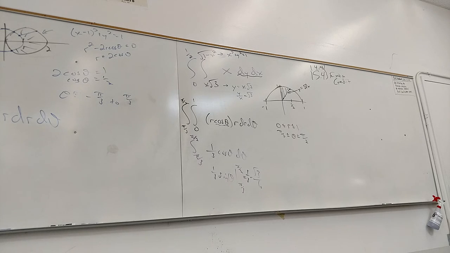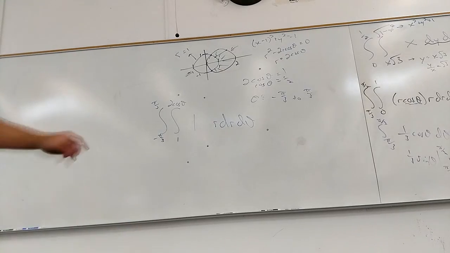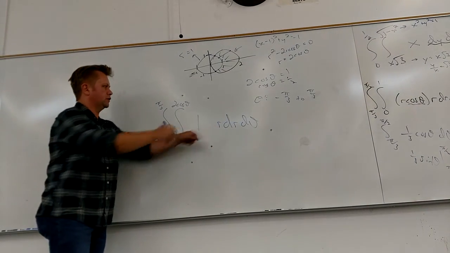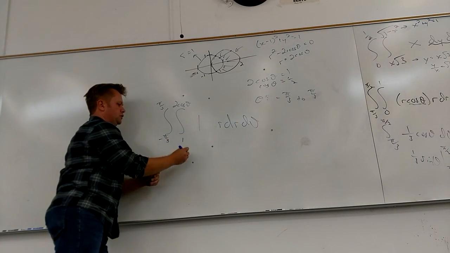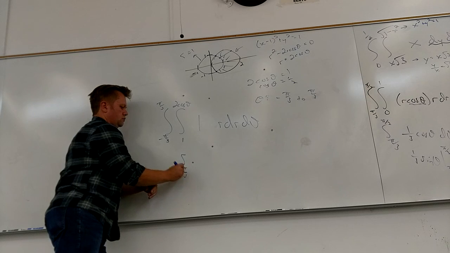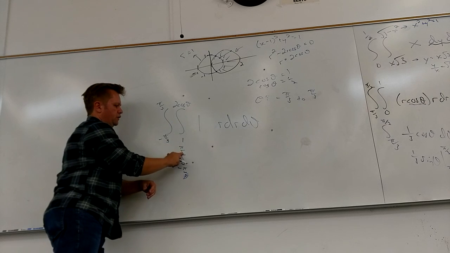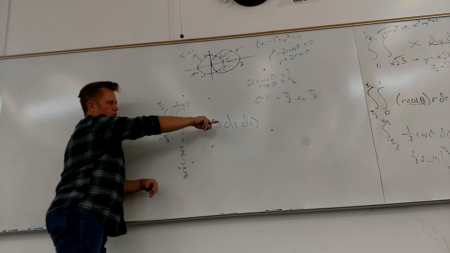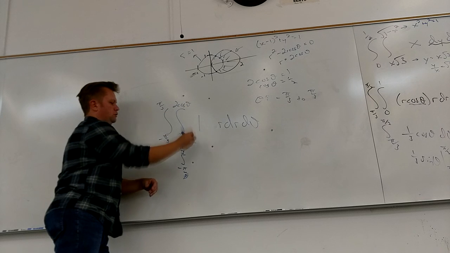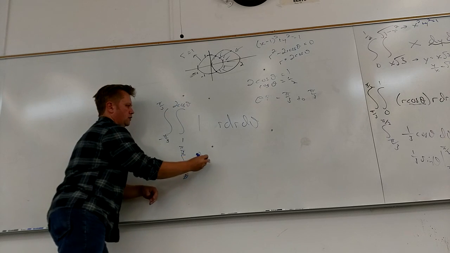So I do have the r inside there still, right? So I'm going to integrate r dr, which becomes r squared over 2, from 1 to 2 cosine theta.